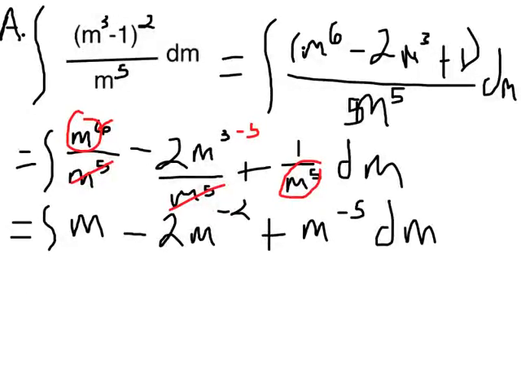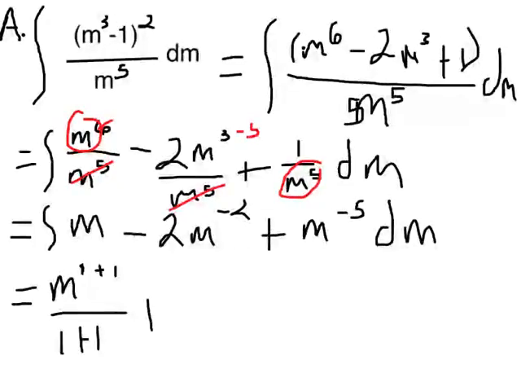Now we are going to find the antiderivative. So, to find the antiderivative, you take the variable and then the exponent, which in this case is a 1, plus 1, over this variable here, which is 1 plus 1.